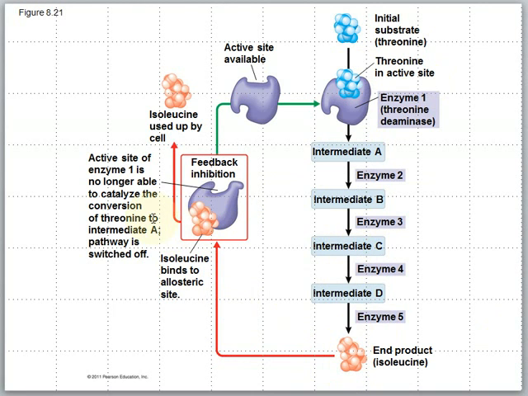Then, as the body uses up that product and there's less of it, you'll have less of it binding to the enzymes, and suddenly that enzyme is available to use again. So the body has a way of slowing or stopping this process until that product is used up, and then it can start the process all over again. This is a great example of negative feedback inhibition.